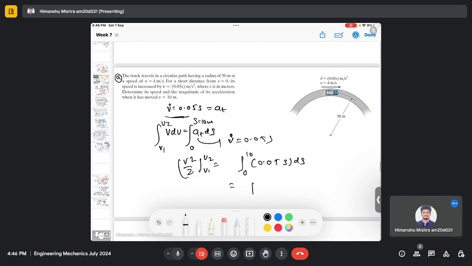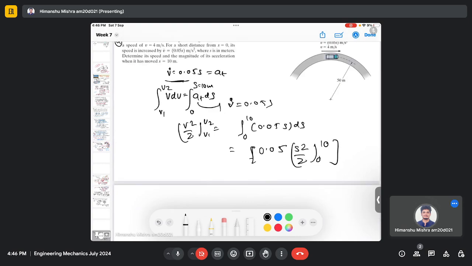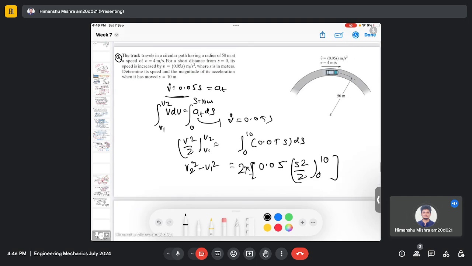So it will be 0.05 s squared by 2, from 0 to 10, and this will be equal to v2 squared minus v1 squared over 2, and here I can multiply by 2.